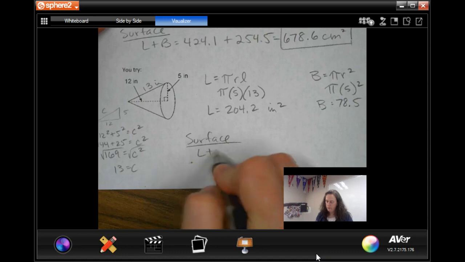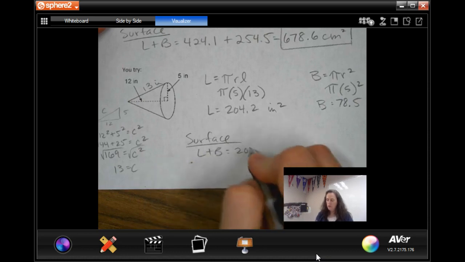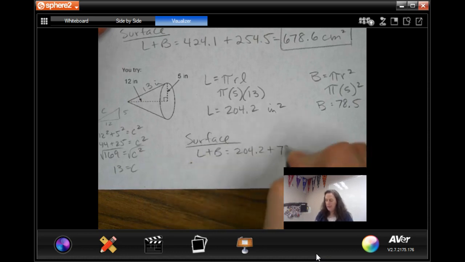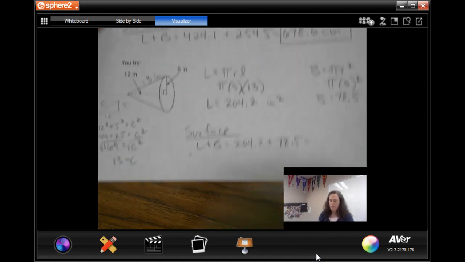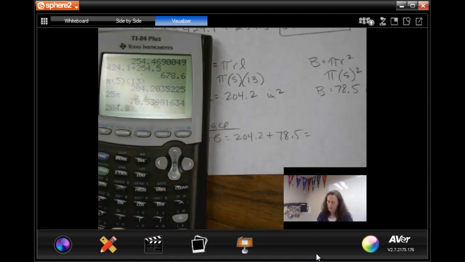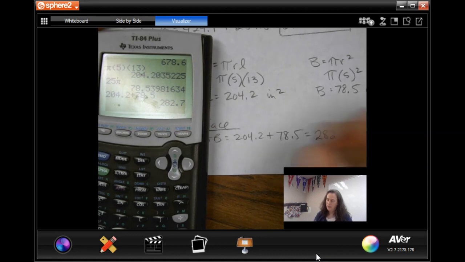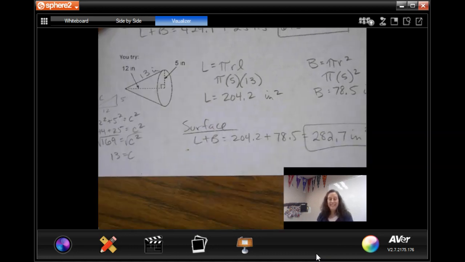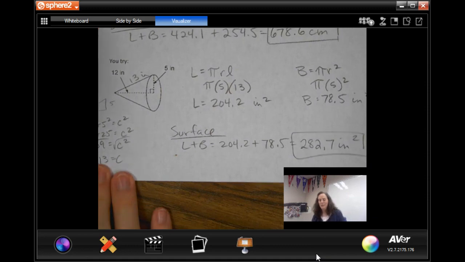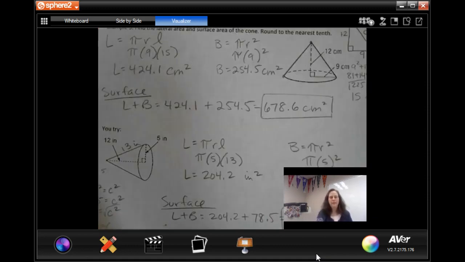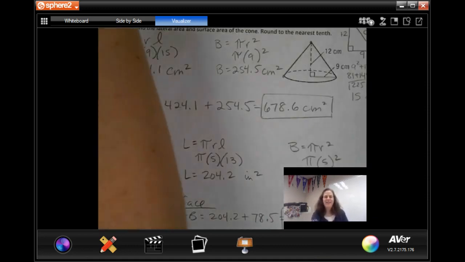Surface area, lateral plus base, 204.2 plus 78.5. Did you get 282.7 inches squared? Done, we did it. All right, so you know now how to do pyramids and how to do cones. You get started on that assignment, and we'll see ya.